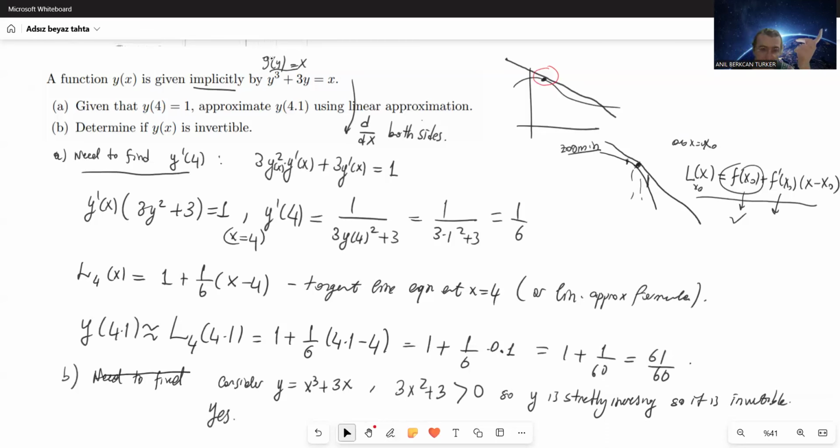Okay. Let me draw the curve: y cubed plus 3y equals x. This is invertible.